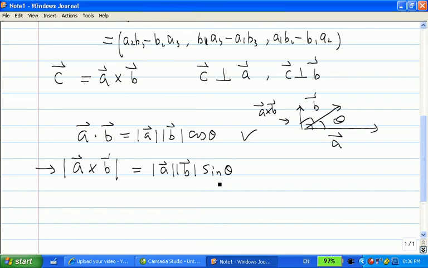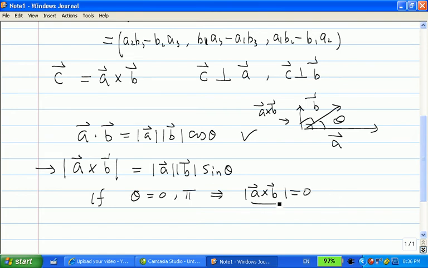Now remember theta is the angle between vector A and vector B. If theta equals 0 or pi, then your right hand side is 0, which implies the magnitude of A cross B is 0.